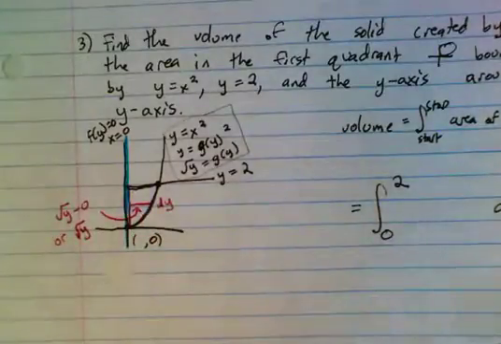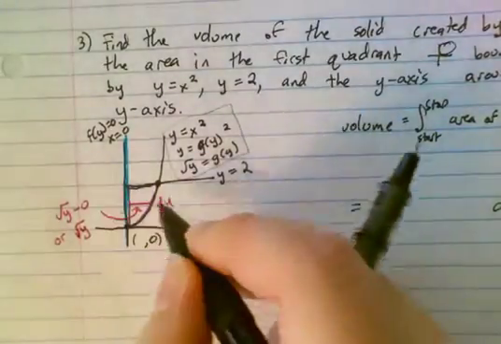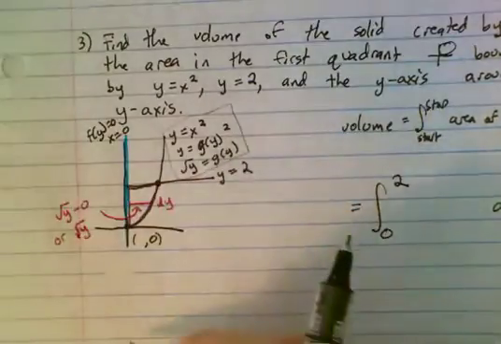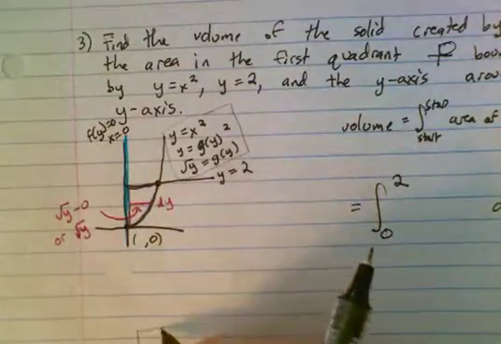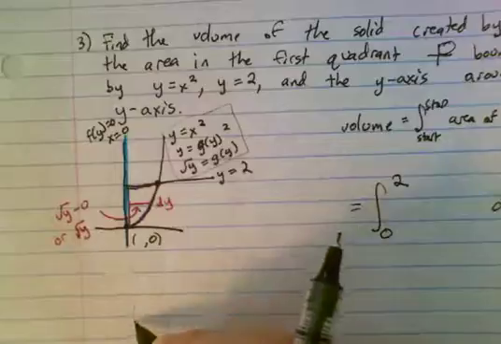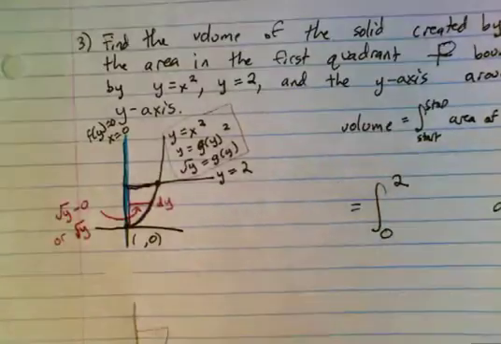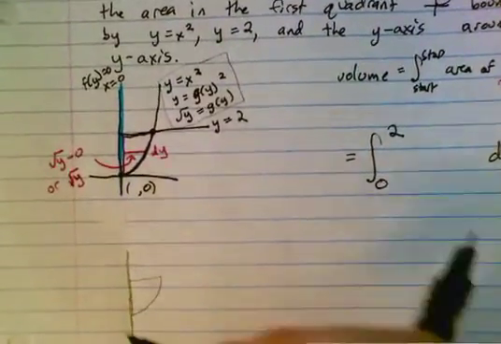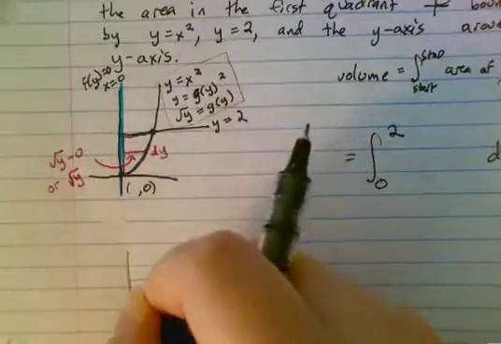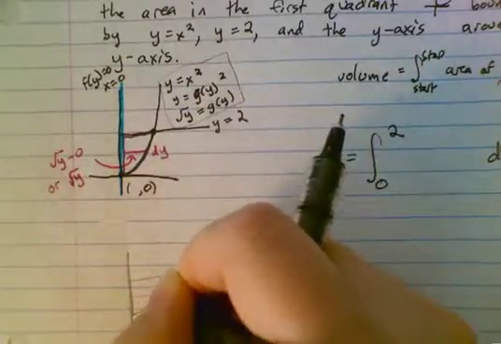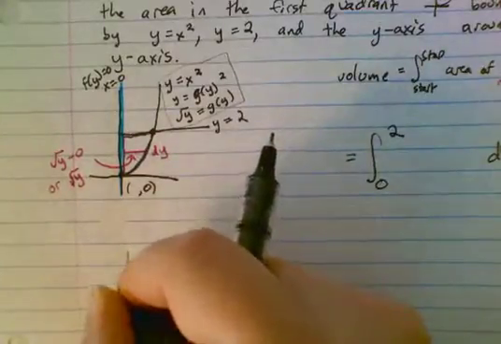I know that if I were to draw this out, I'm doing this rotation around this blue line, this vertical axis. So what I really have is this shape right here and this axis here. What's happening is I'm taking this line and I'm picking it up and rotating it all the way around.